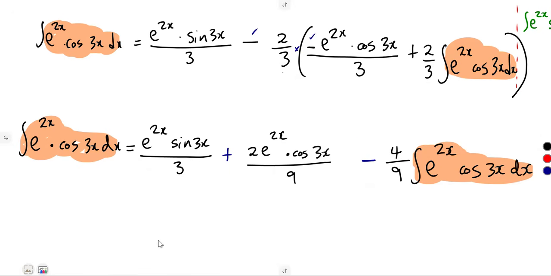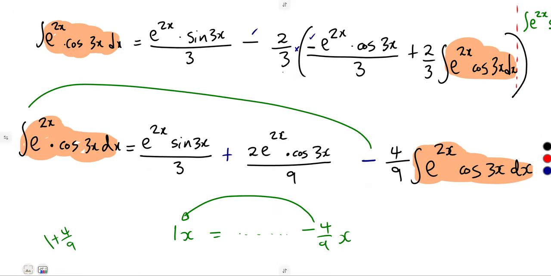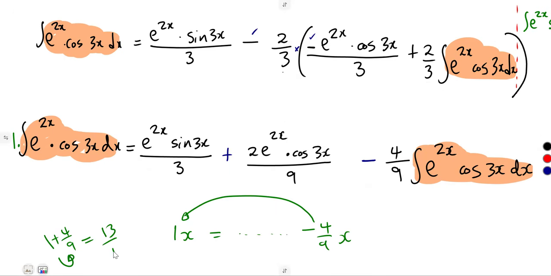It is just like 1x equal to something, then there is negative 4 over 9x. You take the negative 4 over 9 to where there is x, so you're going to add 1 plus 4 over 9. The minus 4 over 9 is added to that integral, and there is a 1 which is outside. So you're adding 1 plus 4 over 9, which gives us 13 over 9. That is the whole part that you're dealing with there.